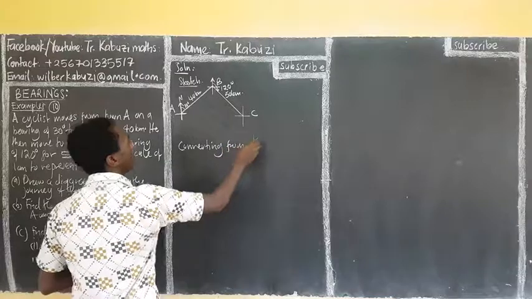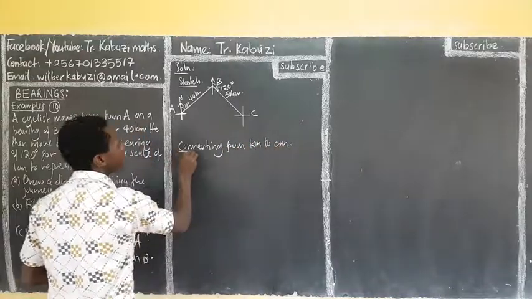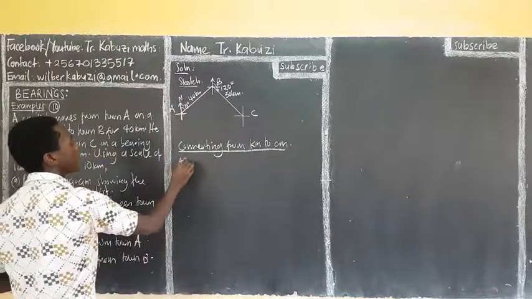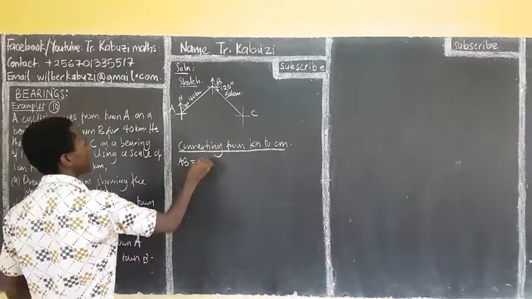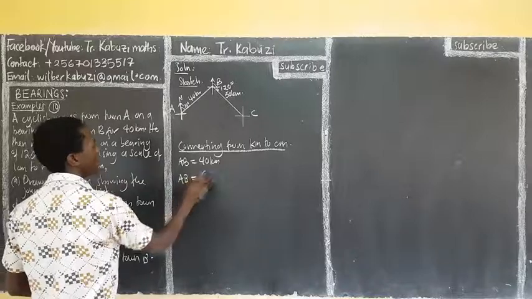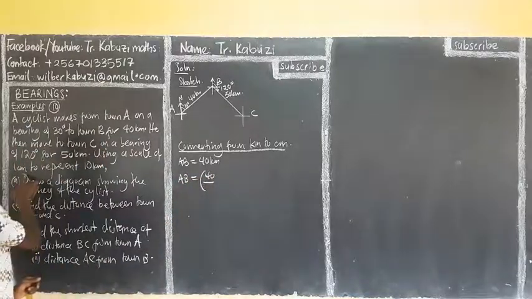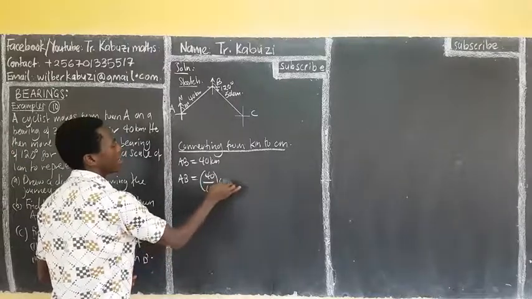So now, converting from kilometers to centimeters. First of all, my AB is 40 kilometers. So my AB in centimeters is 40 over what 1 centimeter represents. 1 centimeter represents 10, so divided by that 10, this will be in centimeters.